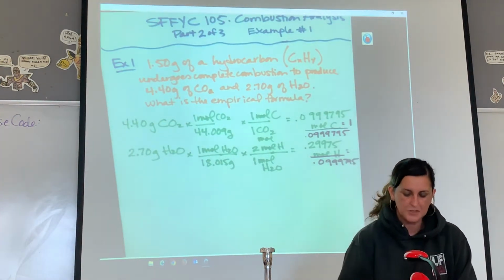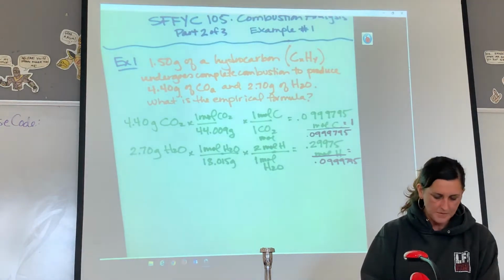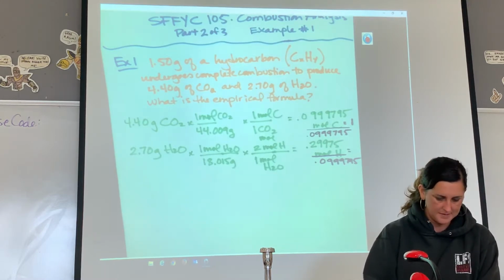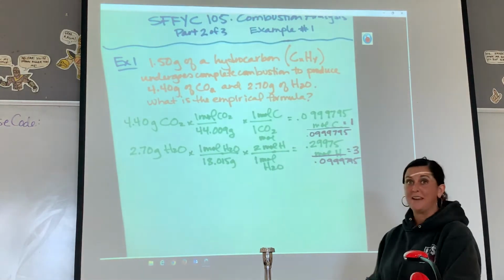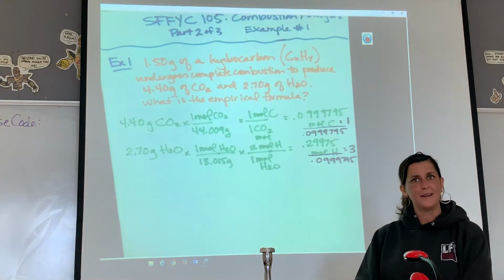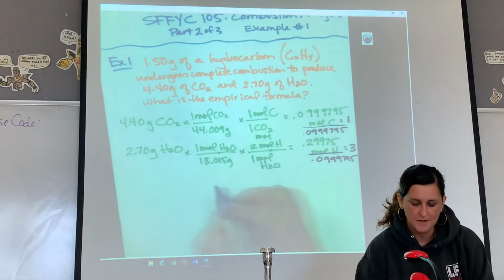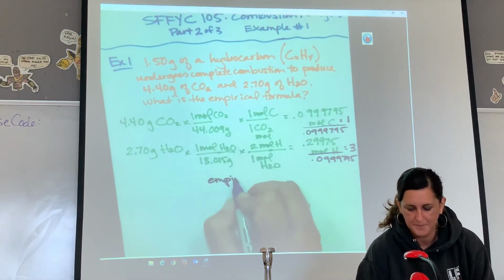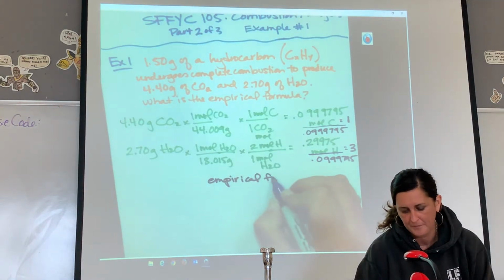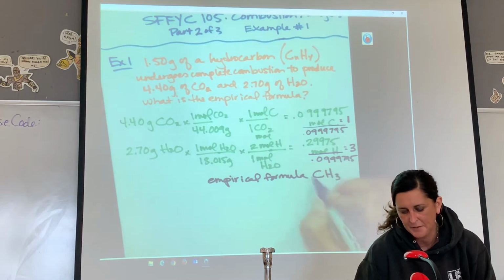And then this quotient, if we do it, 0.29975 divided by 0.0999795, and that gives us 3, or 2.99, so that tells us that our empirical formula comes out to be CH3.